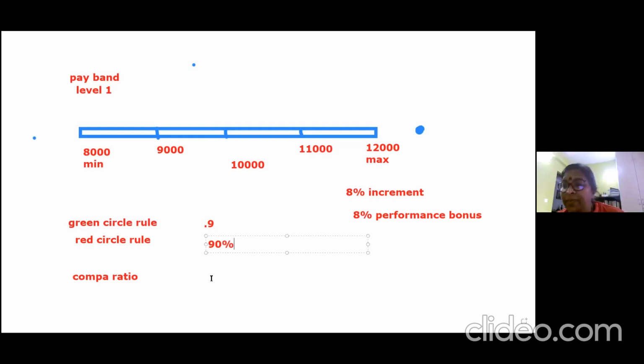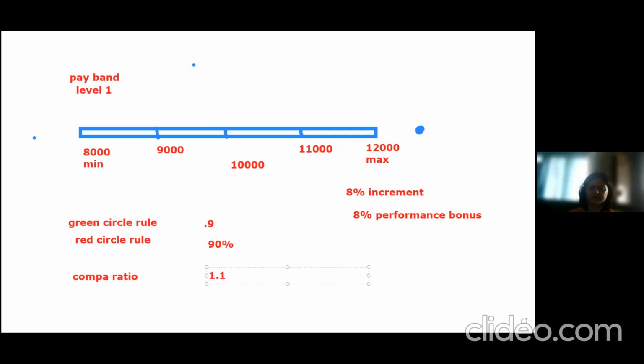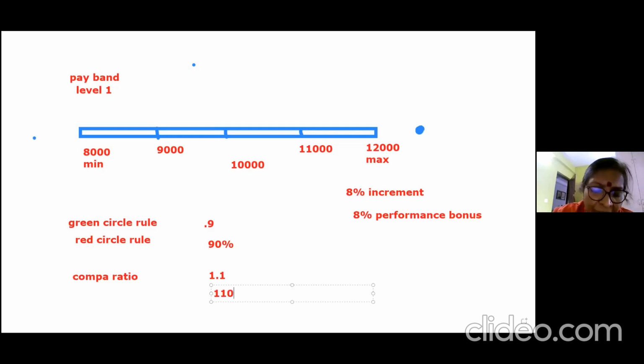That means it is 90% of 10,000, the midpoint. Or if I say 11,000, what will be the comp ratio? It will be 1.1, or 110%.